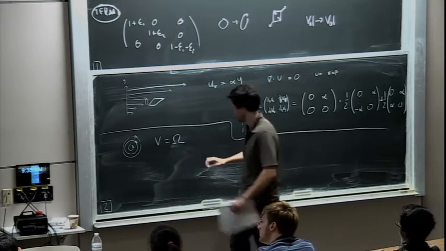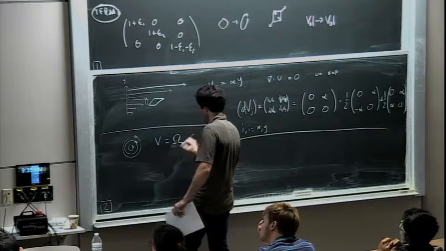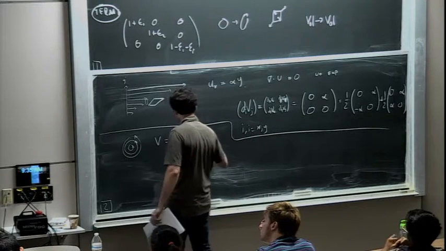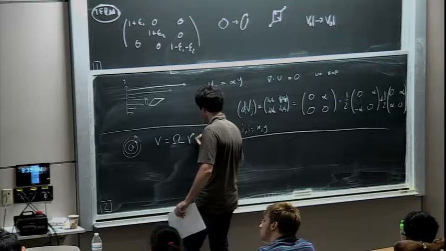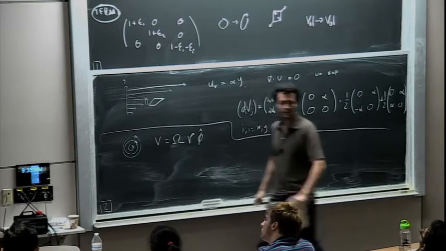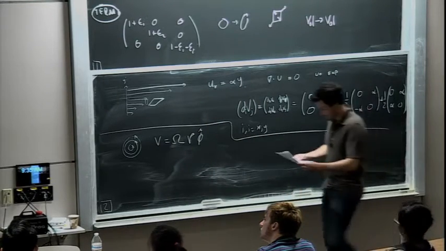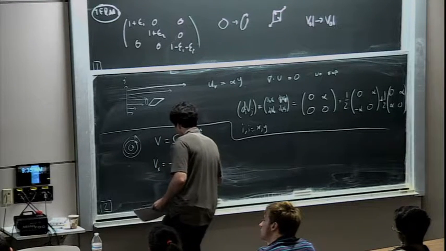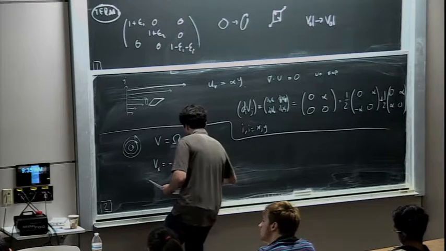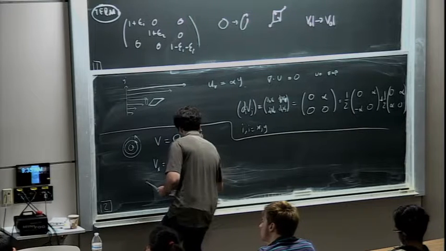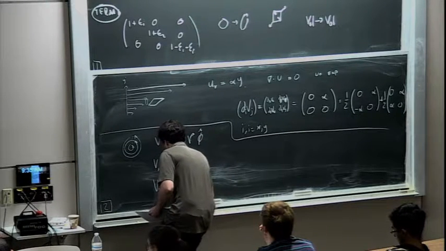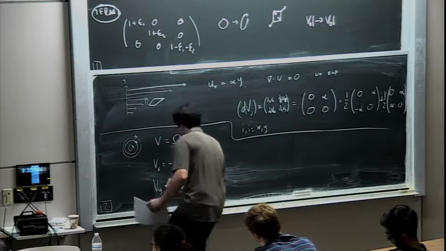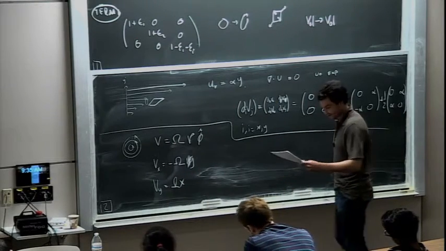I'm going to show you a picture in a moment. The velocity is proportional to the radius, in the phi hat direction. Such a flow has Vx equal to minus omega times y, and Vy equal to omega times x.